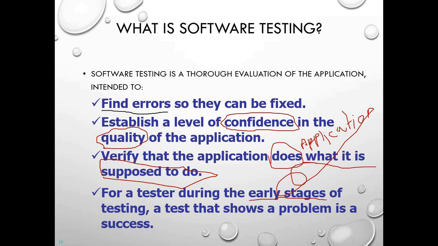And we will also talk about how it impacts the cost of the project, the cost of development, whatever changes we are trying to make into the system, how the budget gets impacted if we identify the issues in the later stage, and how it impacts the cost and the budget if we identify the issues in the early stages.